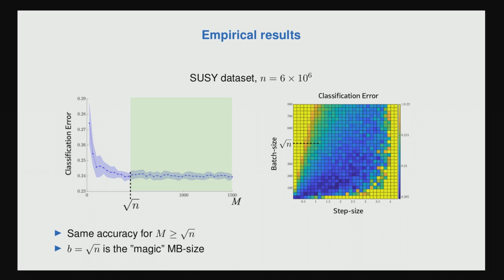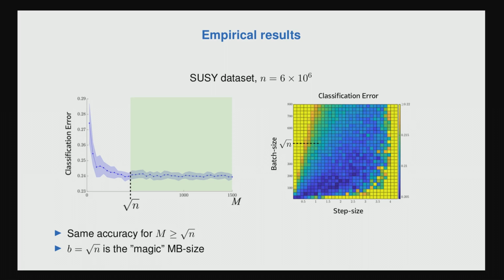Here, blue is good and yellow is bad. One thing that we can observe is that there's a regime where we can increase the step size and at the same time increase the batch size, and we're going to have the lowest classification error.